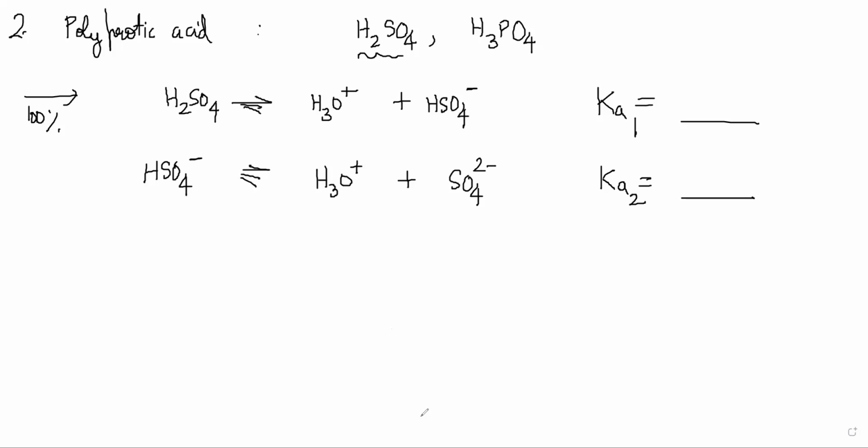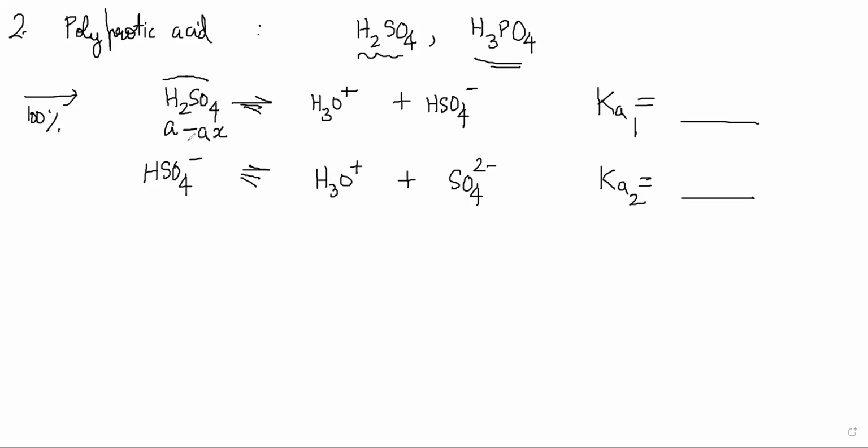So the way to calculate your eventual H plus concentration will be to take both these equilibria. This 100% is only for strong acids, not for every acid. H3PO4 will not be 100% even in the first step.